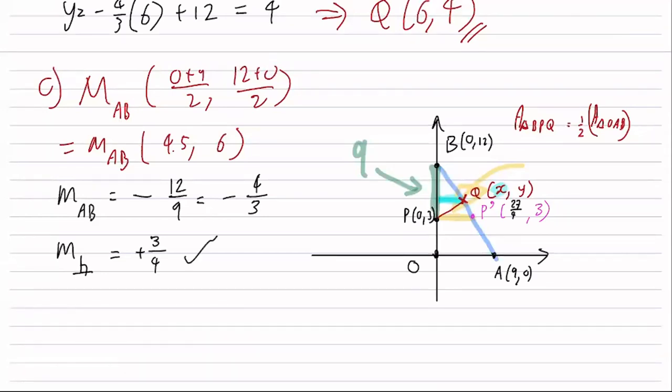So you have this gradient, you have this point. The perpendicular bisector will have a gradient of 3/4 and pass through this point. This implies the perpendicular bisector must be y minus 6 over x minus 4.5 equals the gradient 3/4. Is that okay? Point slope formula? Good.